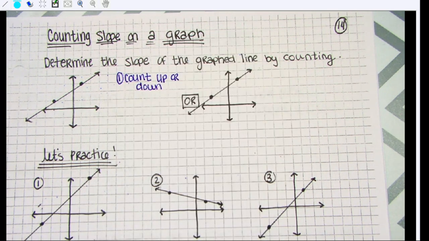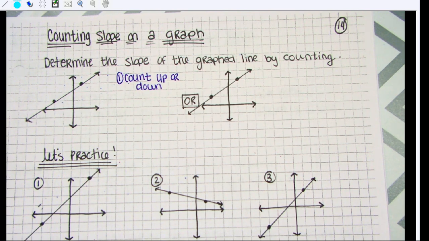Do not count left to right first, because for years everybody messes slope up, and this is supposed to be the easier of the two because it's just counting. If we start in the wrong direction, we write our fraction wrong. So I don't want us to do that.